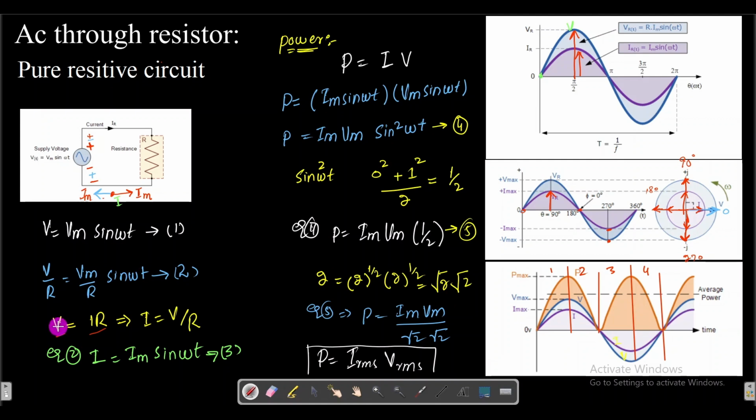If we multiply the resistance with the current, then it will be equal to the voltage. So therefore we put the maximum value of the voltage with the higher amplitude, and the maximum value of the current with the lower amplitude as compared to that of the voltage.